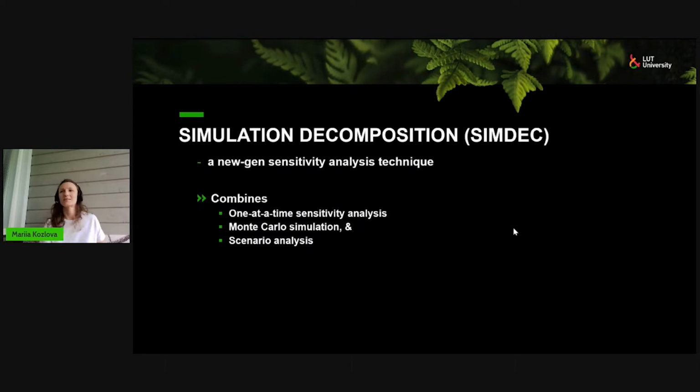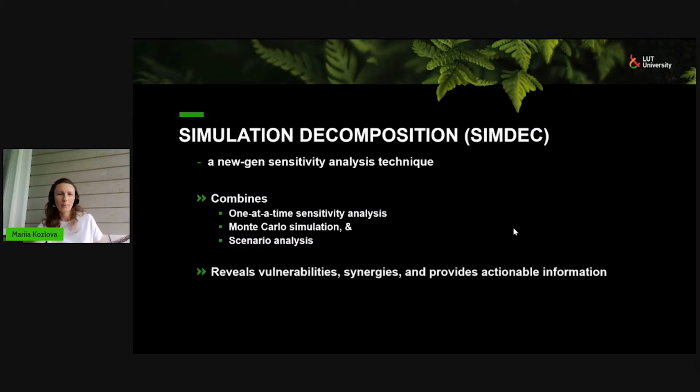Philosophically, it combines all three mentioned techniques: one-at-a-time sensitivity analysis, so there is a contribution of individual factors; Monte Carlo simulation, so there is a full picture; and scenario analysis, so there are different pathways displayed. They are not arbitrary, but meaningful for the case at hand. And by combining those techniques, SimDec is able to reveal synergies, vulnerabilities, and it ultimately provides actionable information.